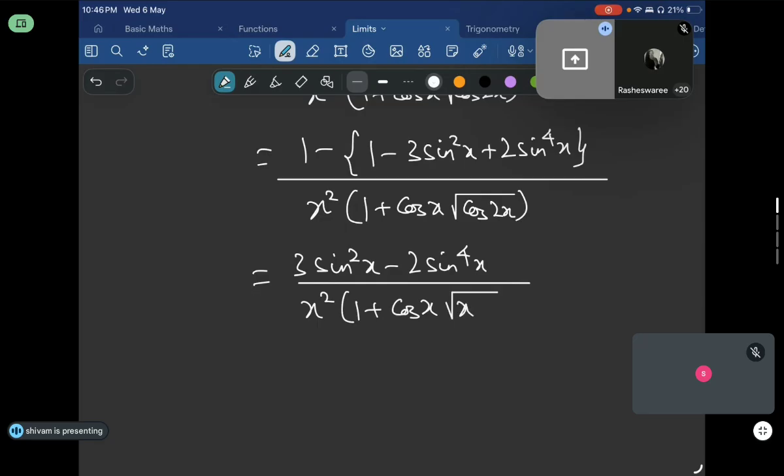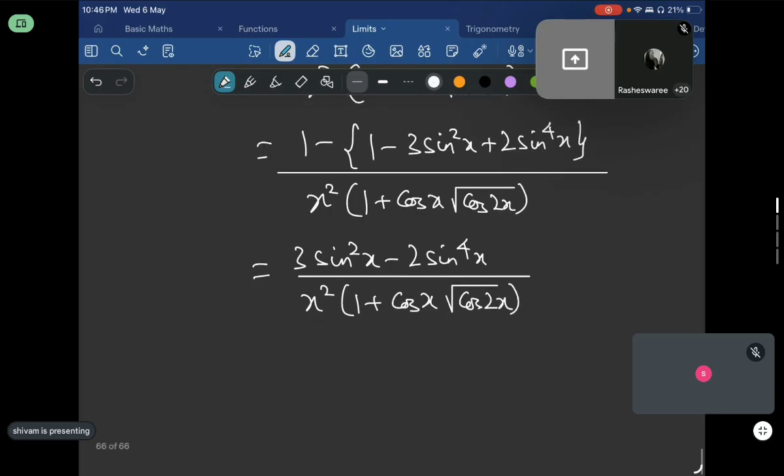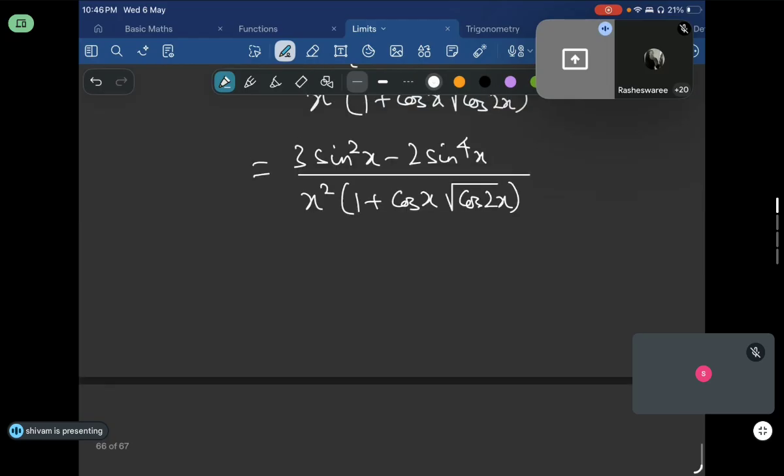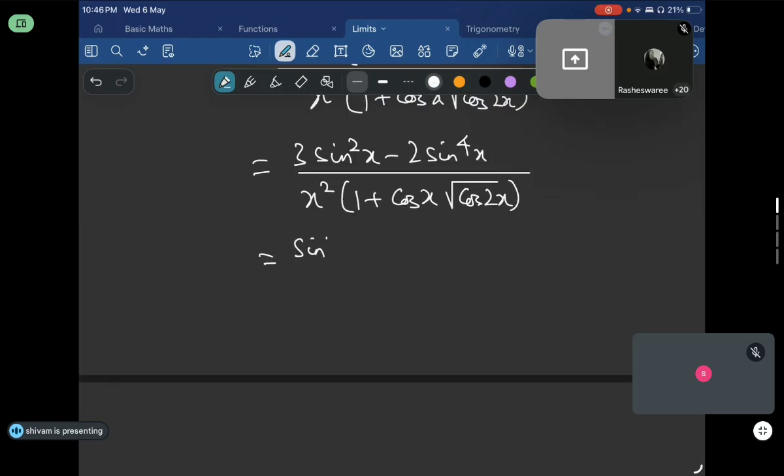So see everyone, in the numerator, if you take sine square x common, you'll get a standard form, that is sine square x by x square. And over here, we are getting 3 minus 2 sine square x upon 1 plus cos x.